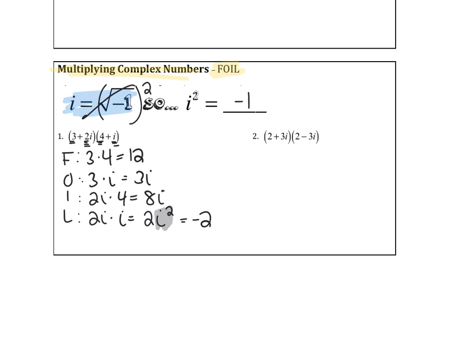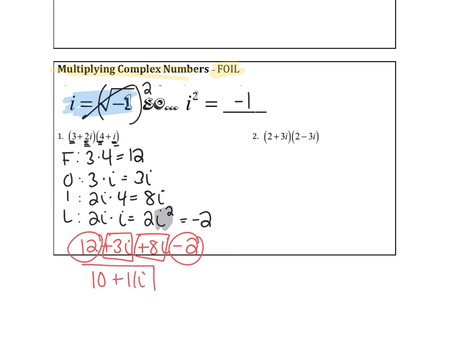If we string them all together, we have 12 plus 3I plus 8I minus 2. Combine like terms. 12 minus 2 is 10, and 3I plus 8I is 11I. So our final answer here is 10 plus 11I.